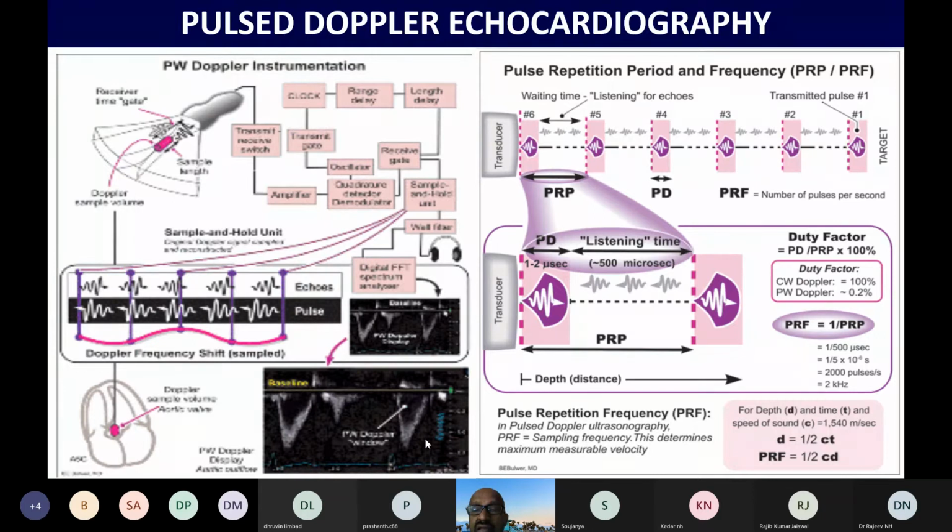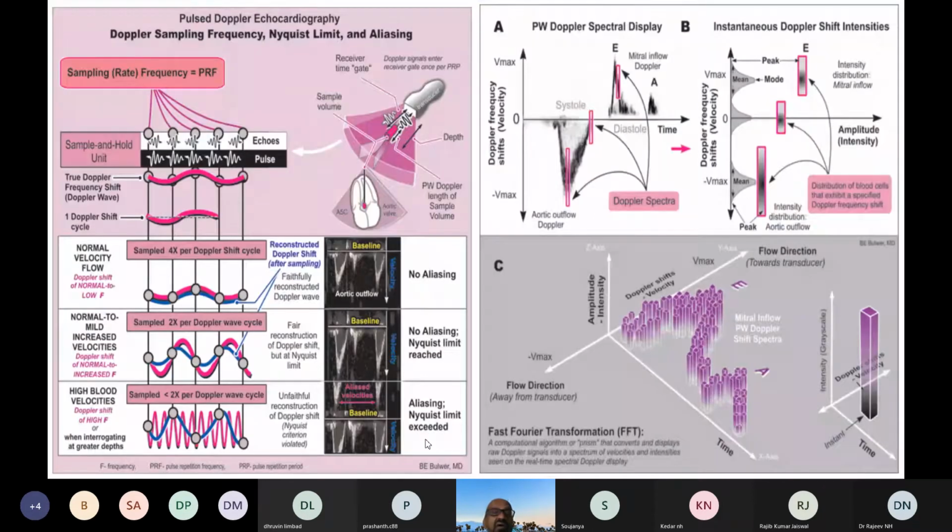To avoid this, you have to see that the pulse repetition frequency, or sampling, matches the Nyquist limit. So here you are seeing normal velocity flow using pulse wave Doppler, and there is a faithful reconstruction of the Doppler wave.